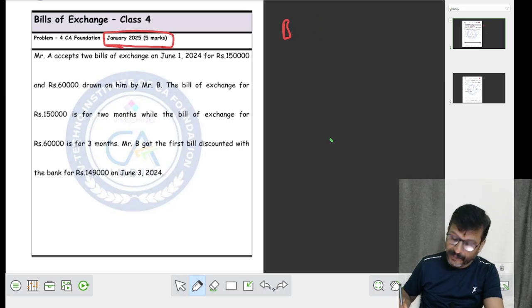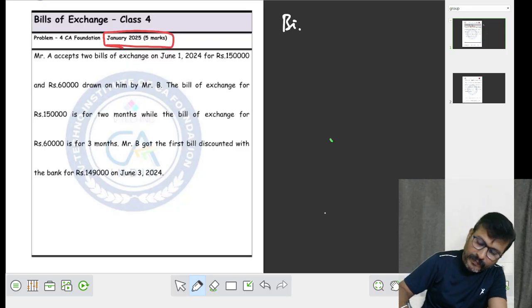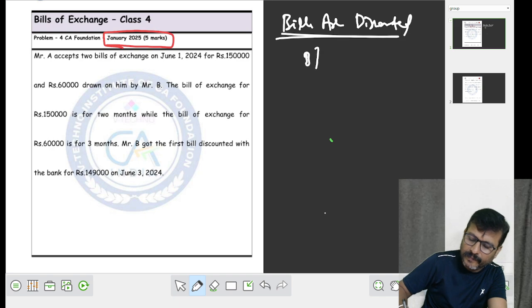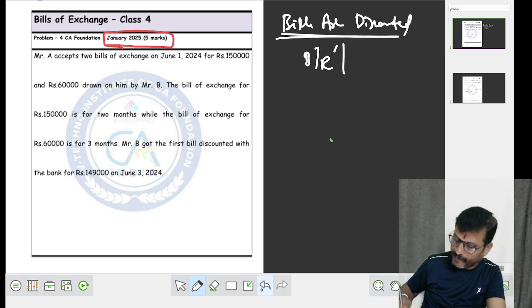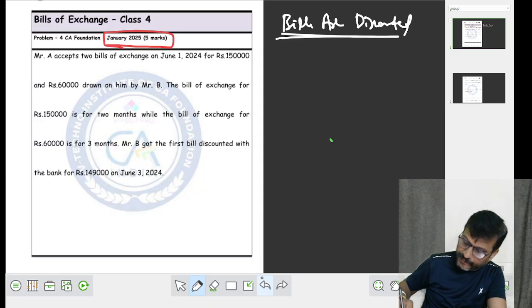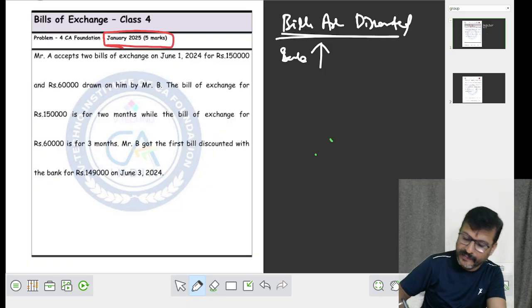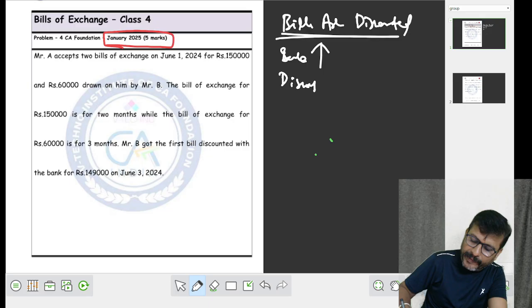When the bills are discounted, please listen, your bank balance will increase and there will be a discount.